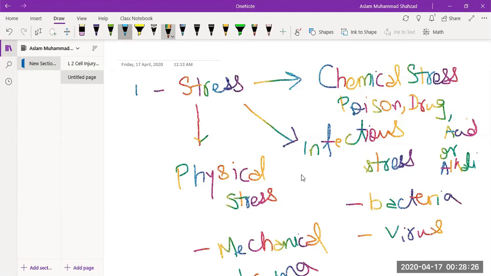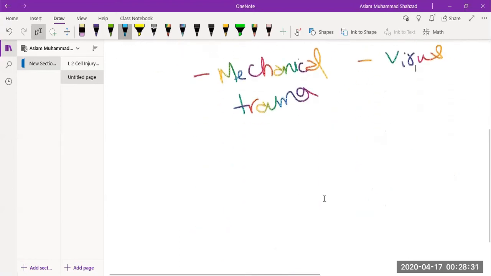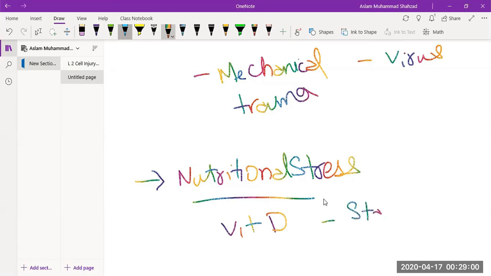There are some more stresses that are also considered as stress. I only mentioned the three main stresses. The other types of stresses we can classify as nutritional stress, such as lack of vitamin D or any vitamins, starvation, or anemia.